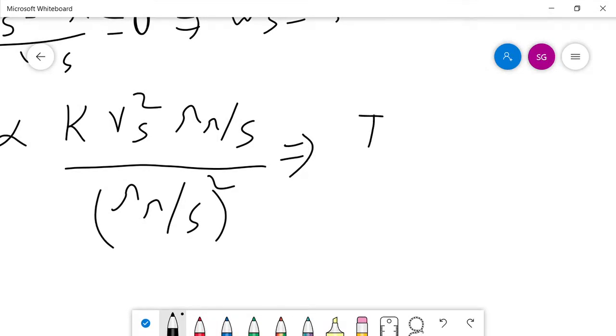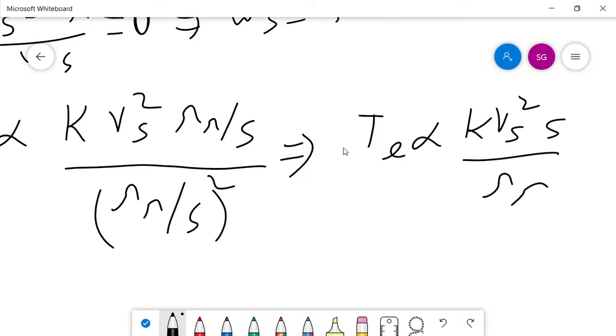When we simplify, this Rr by s will be cancelled, and therefore the slip will go in the numerator. So now this electromagnetic torque is directly proportional to the slip.